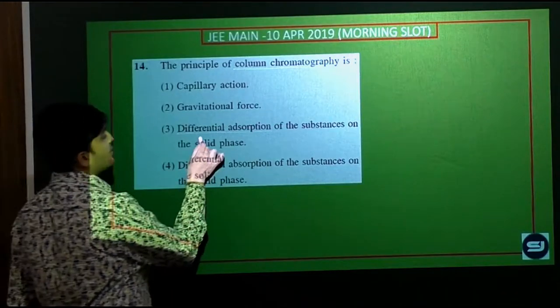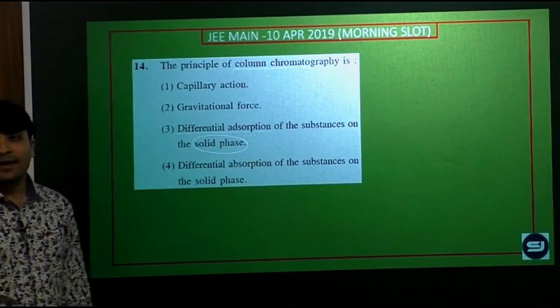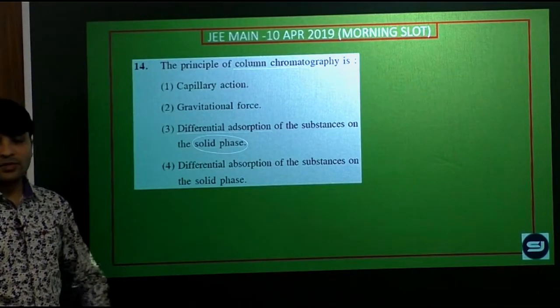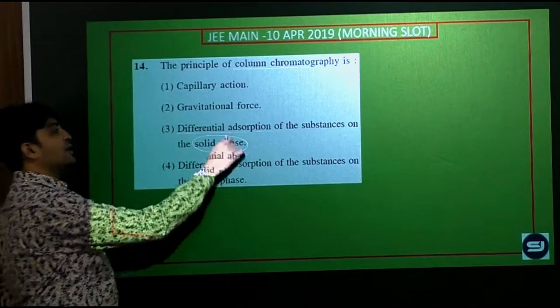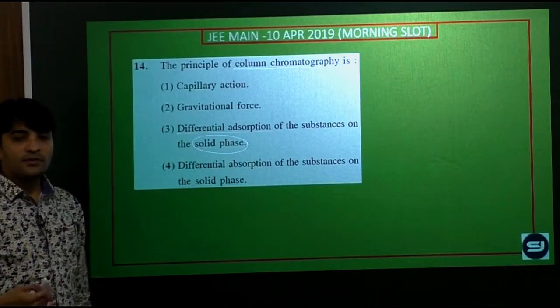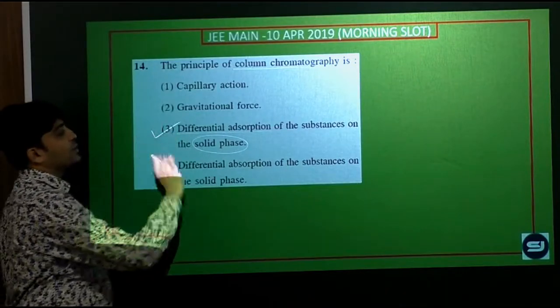The solid phase is the stationary phase and it actually acts as the adsorbent. And the liquid phase is the moving phase which acts as the adsorbate. And through the differential adsorption, it will form the columns or the layers which can be extracted. And that's why the answer is option 3.